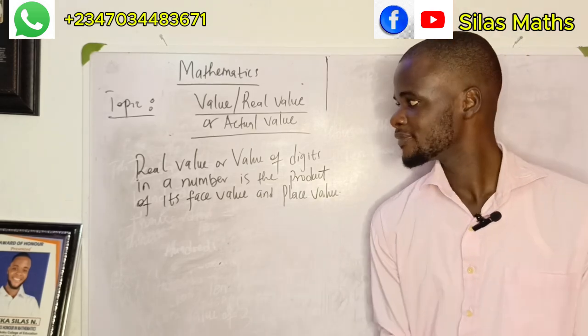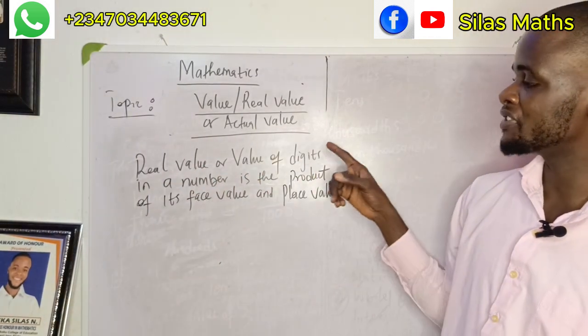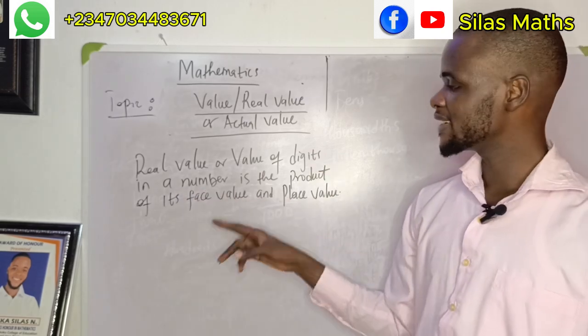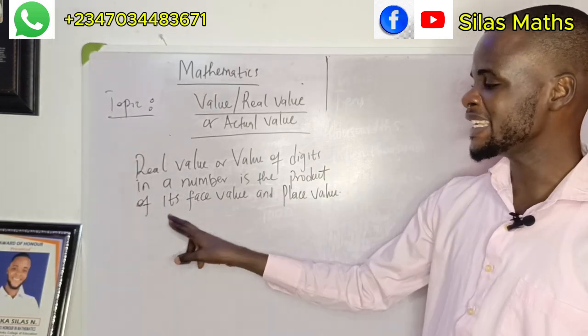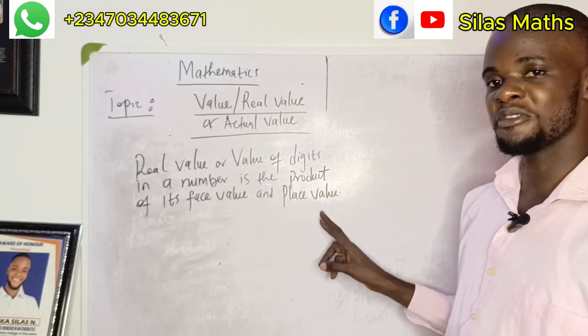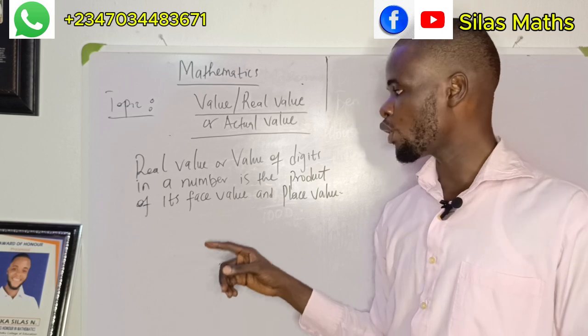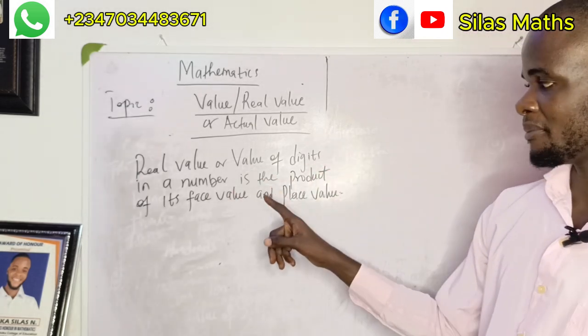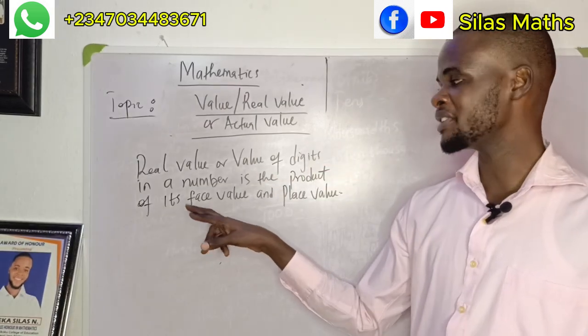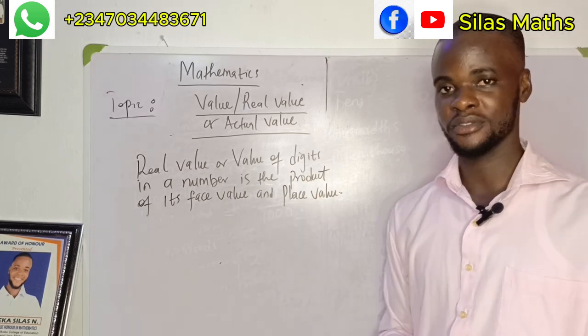So let's read from the board. It says that real value or value of digits in a number is the product of its face value and place value. Let's take it again. Real value or value of digits in a number is the product of its face value and place value.